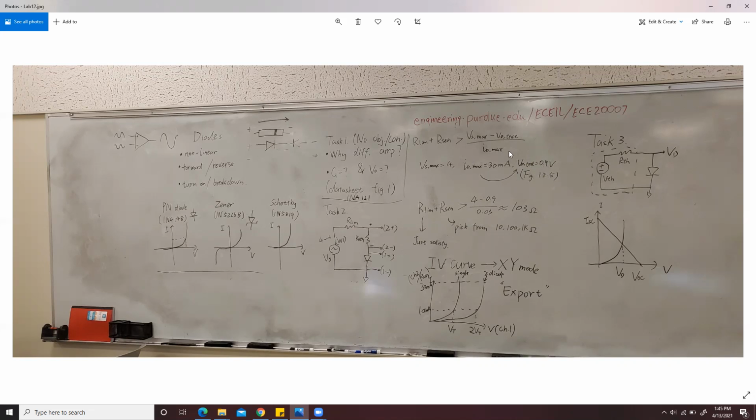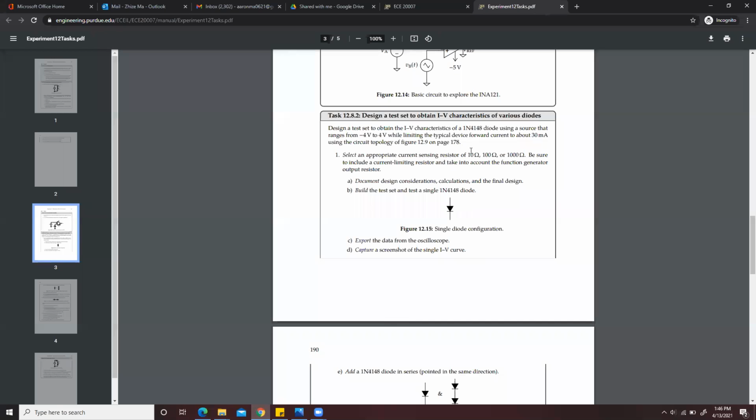So that will be the voltage VD test. Then you can calculate this equation. R limit plus R sense should be a little bit greater than this 103 ohms. If you check the question again, you want to choose the R sense from these three values: 10, 100, or 1k ohms.